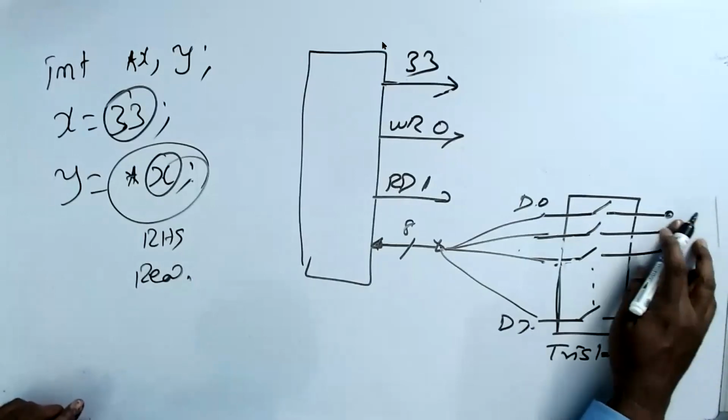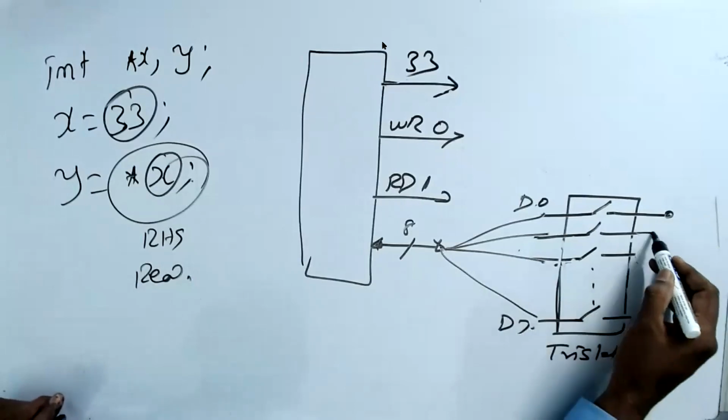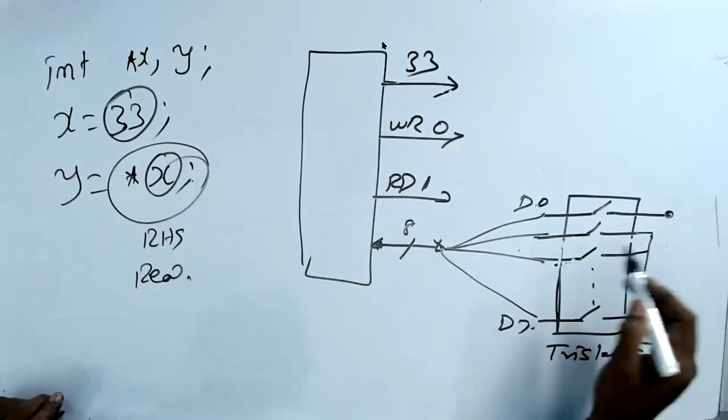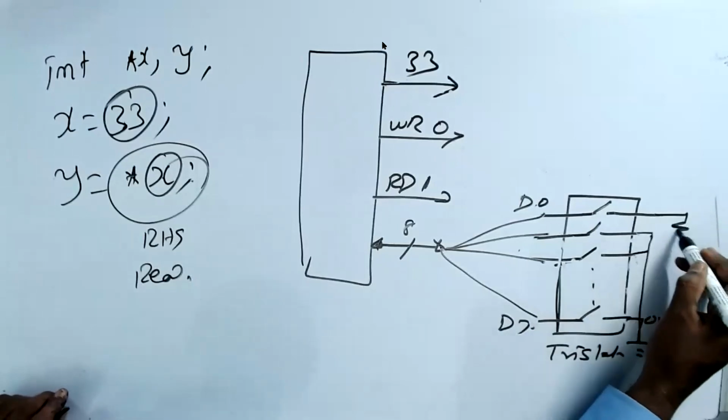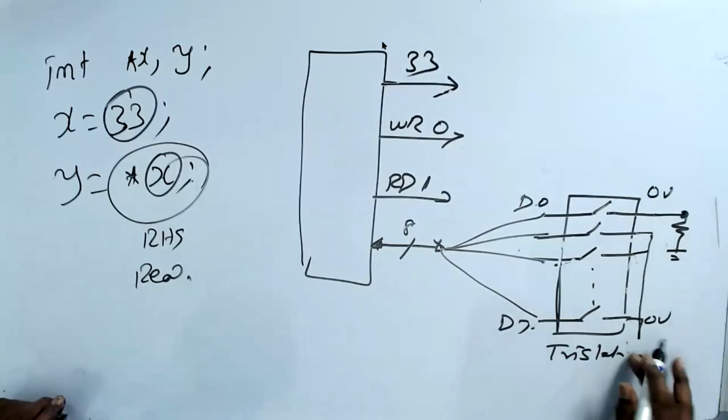Now, let us assume that I take only one input and leave the other ones. I connect everything to ground, so all are 0 volt. This one I connect with a resistor to ground, so this is 0 volt, and here also I put a resistor.